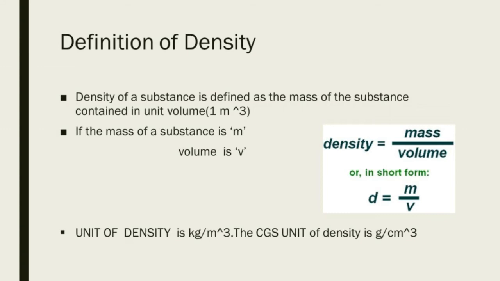If the mass of a substance is m, volume is v, density is equal to mass per volume. In short form, D is equal to m by v. Unit of density is kilogram per meters cube. For mass, we are using the unit kilogram, and for volume, we are using the unit meters cube. The CGS unit of density is gram per centimeters cube.